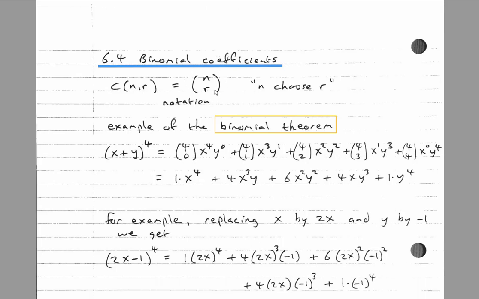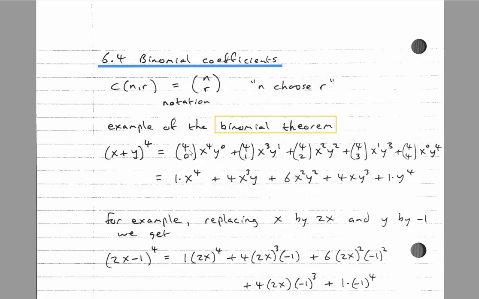They're called binomial coefficients because they show up as the coefficients when you're looking at powers of binomials. So we have this binomial theorem, which just gives a formula for powers like this. So if you have a fourth power, then you just have a 4 on top.